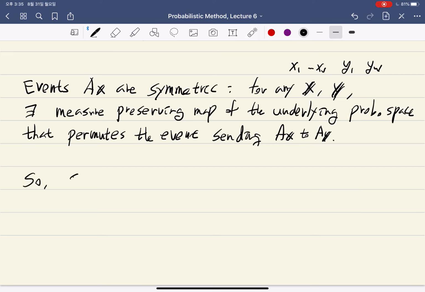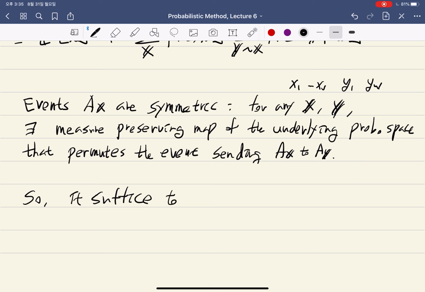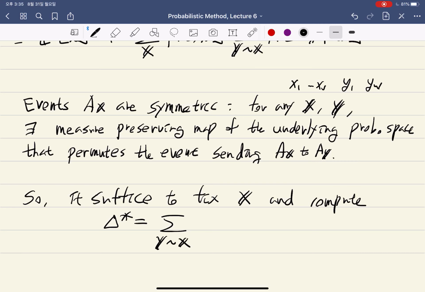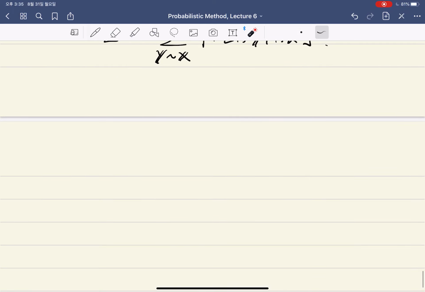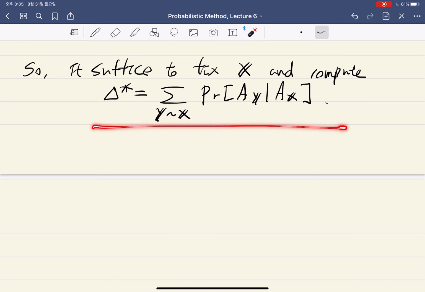So in order to compute this, it suffices to fix x and compute this. For any fixed x, these must all be the same. So we just fix one x and compute this. Then this is the same for every x. So now we are focusing on computing this value.